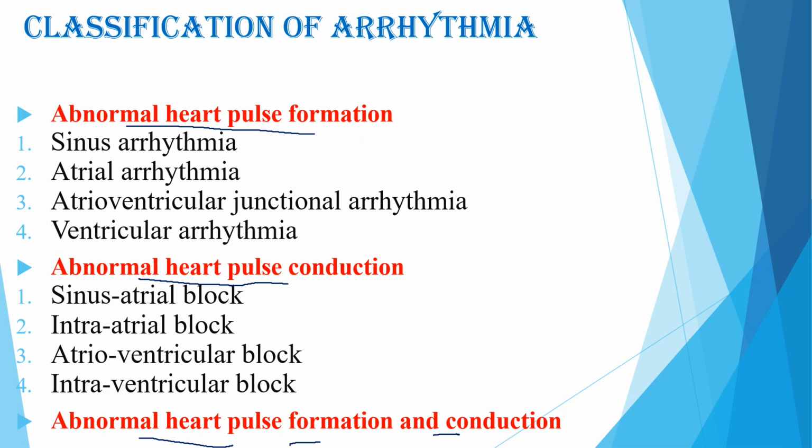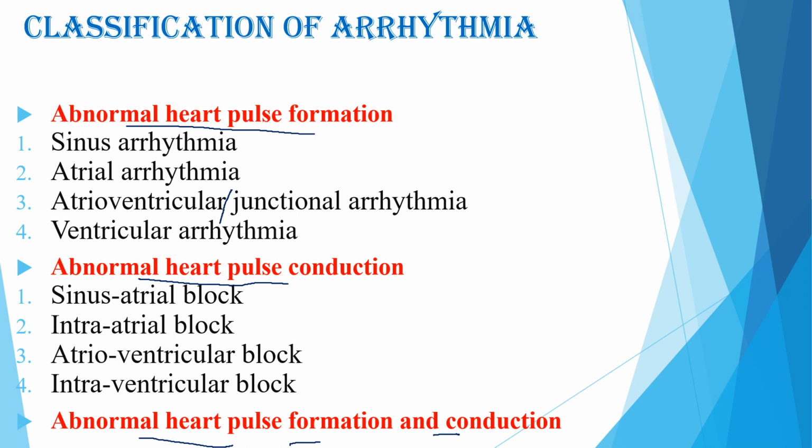When there is abnormal heart pulse formation, there is a change, maybe ectopics other than the normal pathways. At certain times there is an abnormal origin of impulses that leads to arrhythmia. That is further categorized into sinus arrhythmia, atrial arrhythmia, atrioventricular junction arrhythmia, or ventricular arrhythmia.